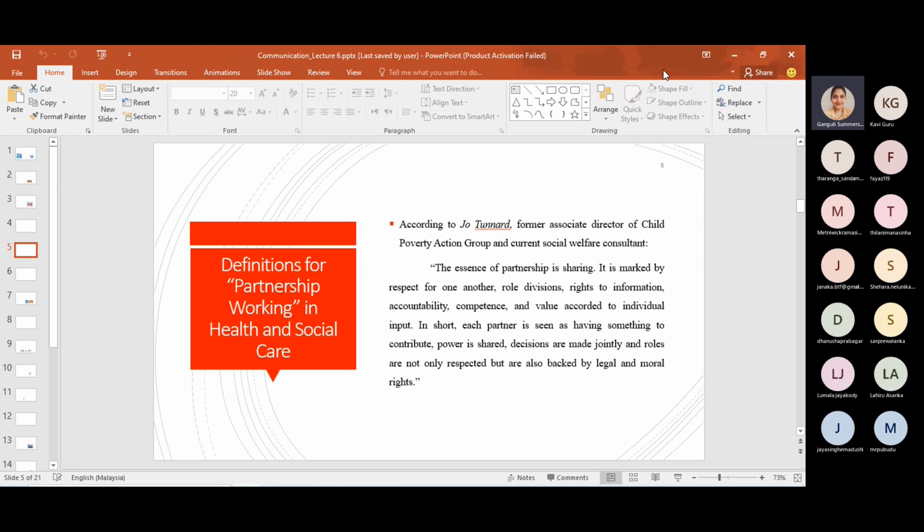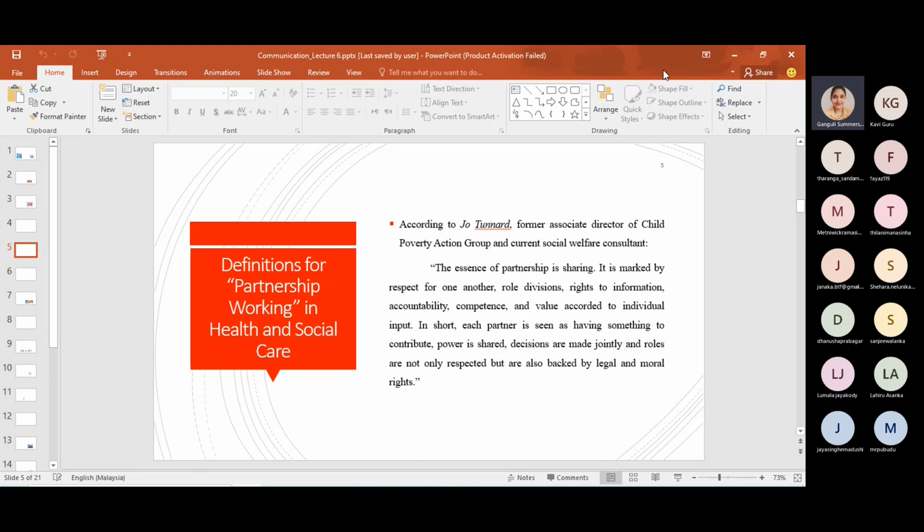Okay, so as we discussed just now, in a partnership working, you share certain things. It can be resources, it can be power, it can be knowledge. And you also take decisions jointly. You don't take individual decisions because, as we discussed earlier, in partnership working, the organizations and companies are working towards a common goal. They are not working towards separate goals, they are working towards a common goal.